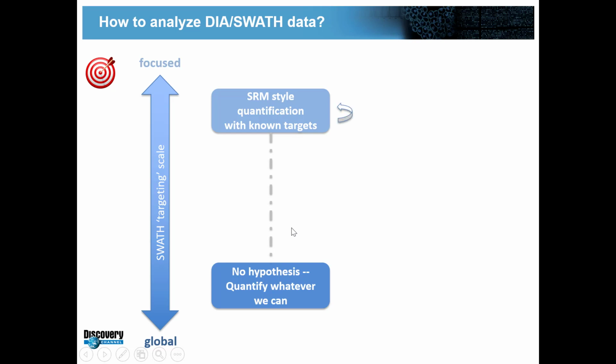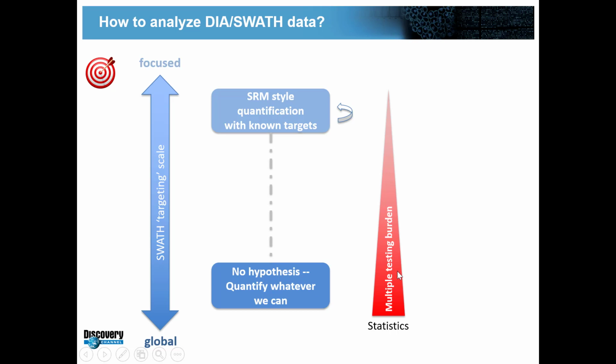I think that, and also, this little arrow reminds me to say that even this SRM style quantification can be done iteratively, which is a benefit over more classical targeted approaches. What's important to realize, and I think Rudy brought this up already, is that the statistical burden associated with doing this type of analysis is higher than with doing this type of analysis.